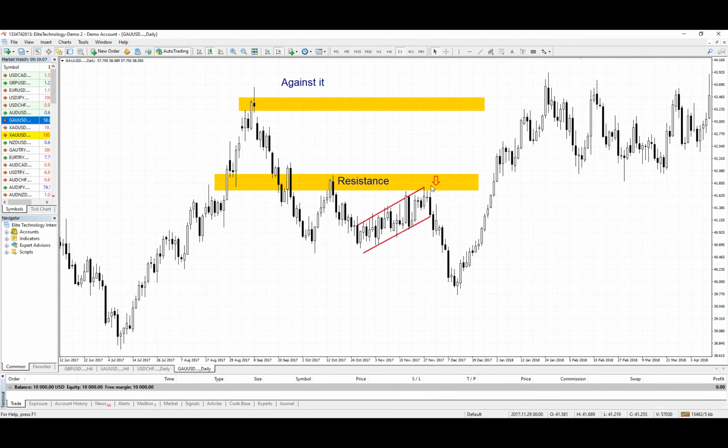You can just fade it and sell at market, or place some sell limit orders, and maybe place your stop loss order just above the resistance levels. How you're going to trade it is up to you. You can build a strategy around this principle, but the principle is you want to trade against it.